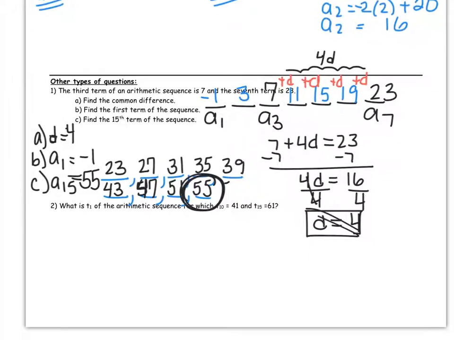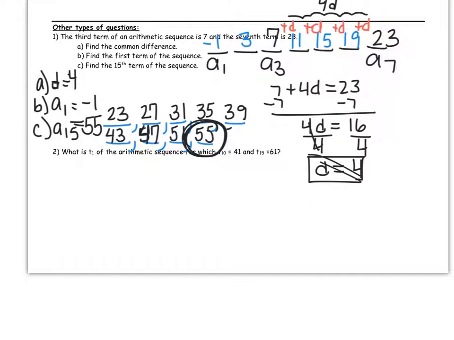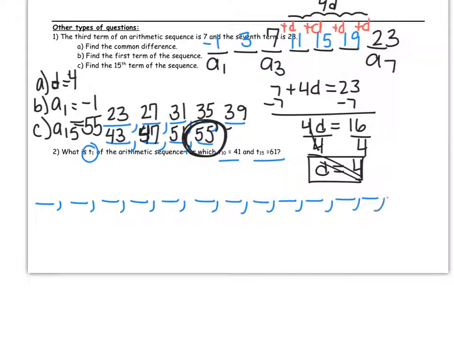Okay, let's see if we could do number 2. I'll help you set it up and then you're going to finish it. So it says, what is t sub 1 of an arithmetic sequence for which the 10th term is 41 and the 15th term is 61? So we'll say 1, 2, 3, 4, 5, 6, 7, 8, 9, 10, 11, 12, 13, 14, 15.